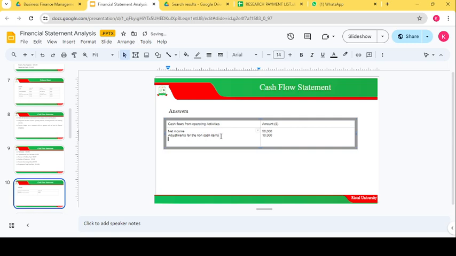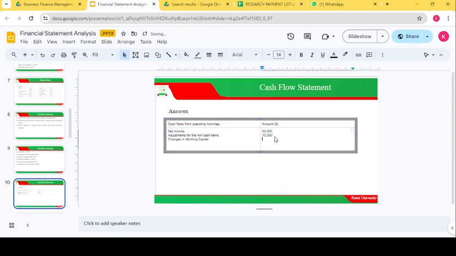So we have changes in working capital. If our working capital change means it has reduced, we subtract.